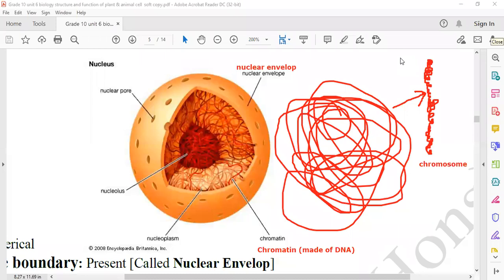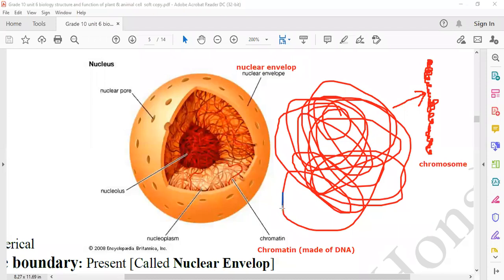Chromatin or chromosome, it is not our problem. Your book only tells that whether it's chromosome or chromatin is not our problem. In these chromosomes or this chromatin, two different appearances, no problem. Small pieces, I'm just drawing a small place here.